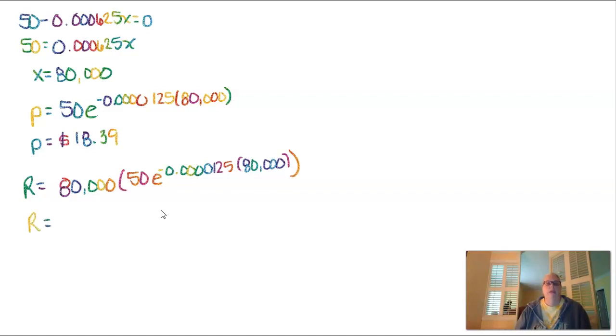Put this in the calculator and see what I get. And again, this is going to be money, so we're going to round it to 2 decimal places for dollars and cents. And it is giving me $1,471,517.77. So that will be the revenue when 80,000 units are made at the price $18.39.